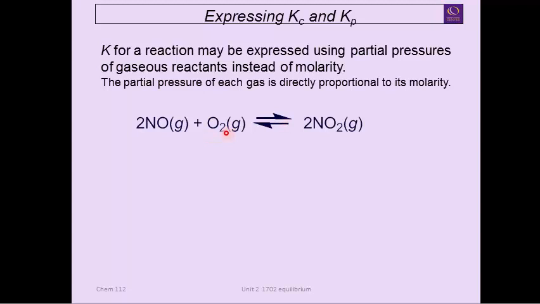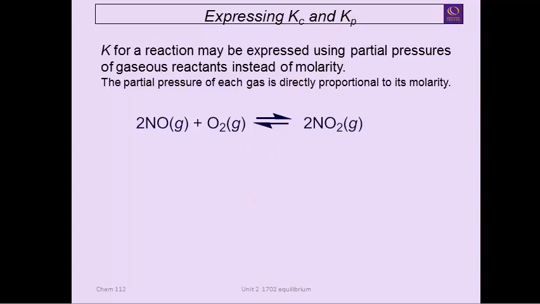So consequently, a lot of times in an equilibrium expression, instead of setting things up in terms of concentration of something, you might set it up in terms of pressure. And in that case, you have a different equilibrium constant. It means the same thing, it's just that when you see the subscripted letter P, that means it's an equilibrium expression set up in terms of partial pressure. If you see the C, it's the equilibrium expression set up in terms of molarity concentration. Okay? But you can always convert between the two.